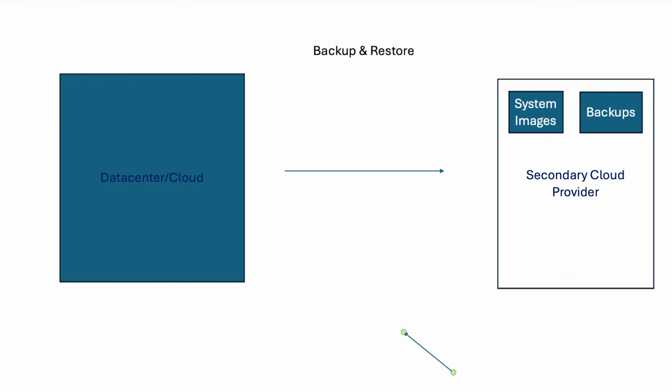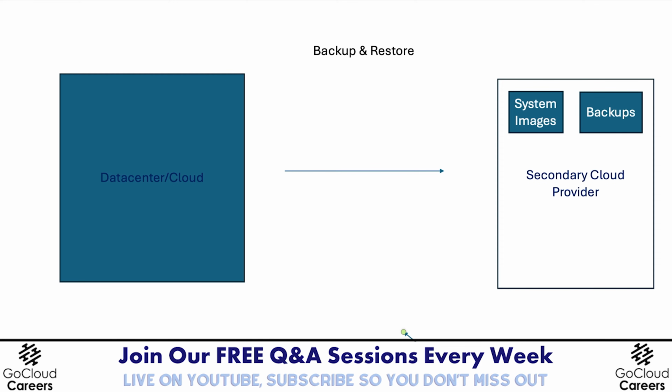Now, the problem here is while it is very inexpensive and it is very simple to set up, it typically could take the longest amount of downtime to get this system up and running. It gets easier when we have infrastructure as code scripts that'll launch all these systems and we can take our information from backup.